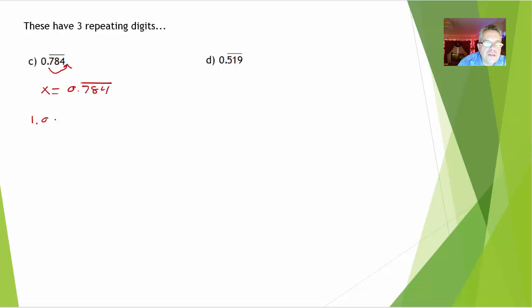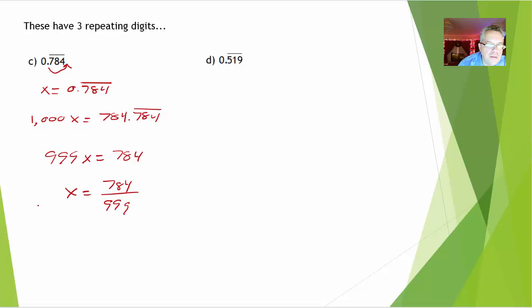So 1,000x is going to be 784.784 repeating because the decimal place simply got moved. Okay, subtracting. 1,000x minus x is 999x. Now I subtract these guys, decimal part cancels, and we have 784. So x equals 784 divided by 999.